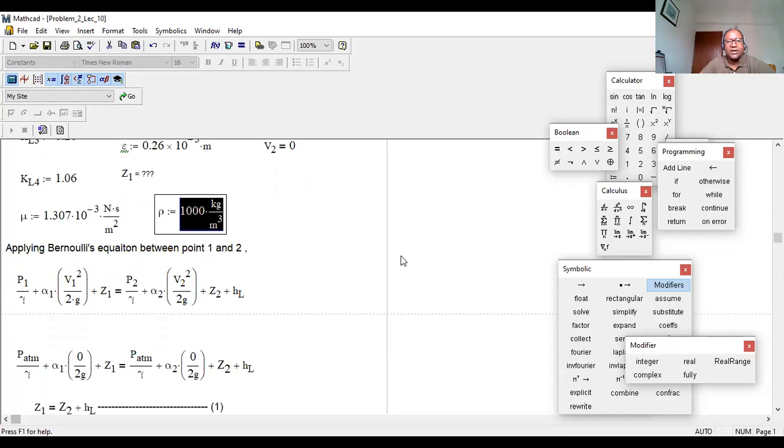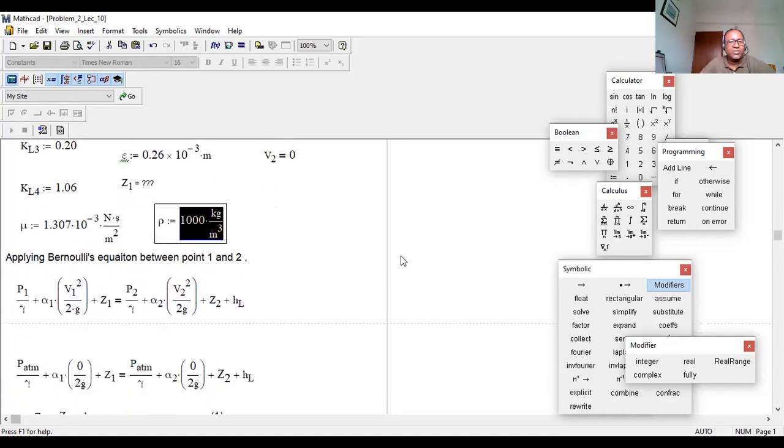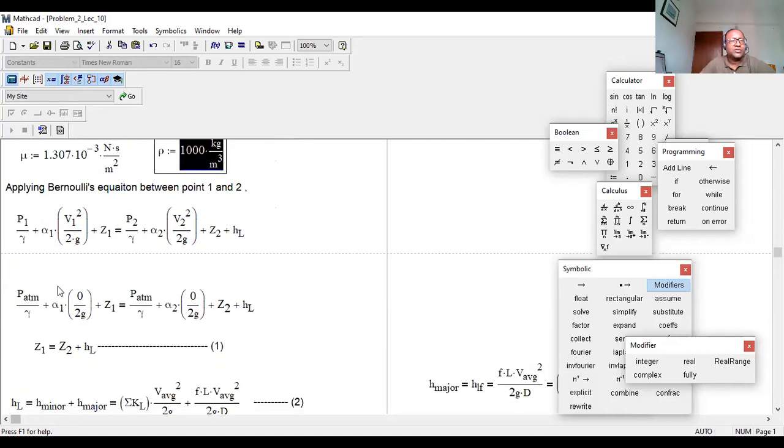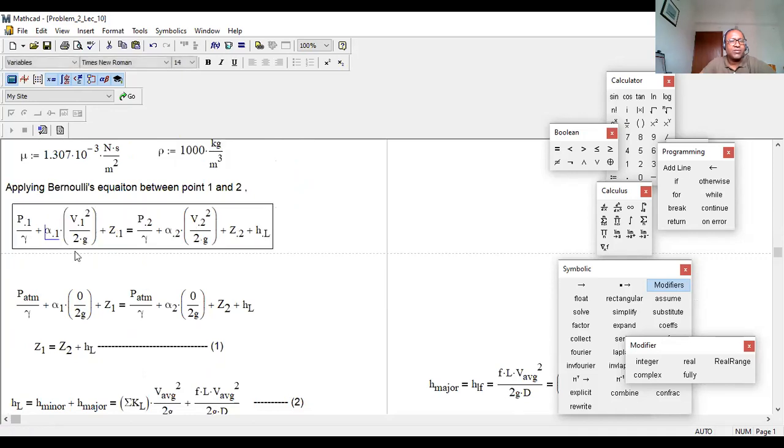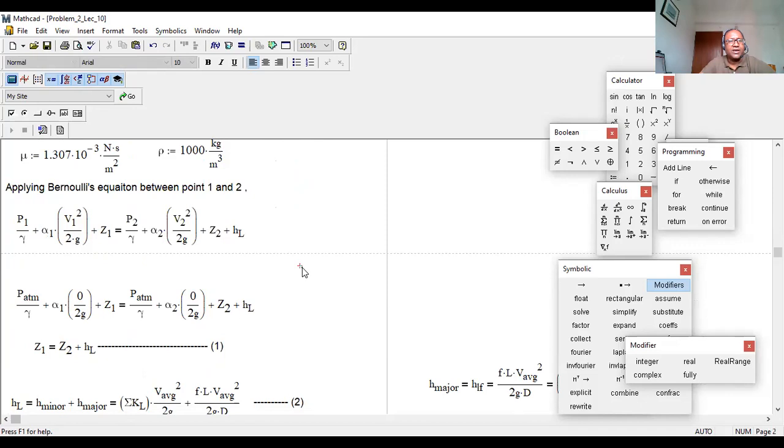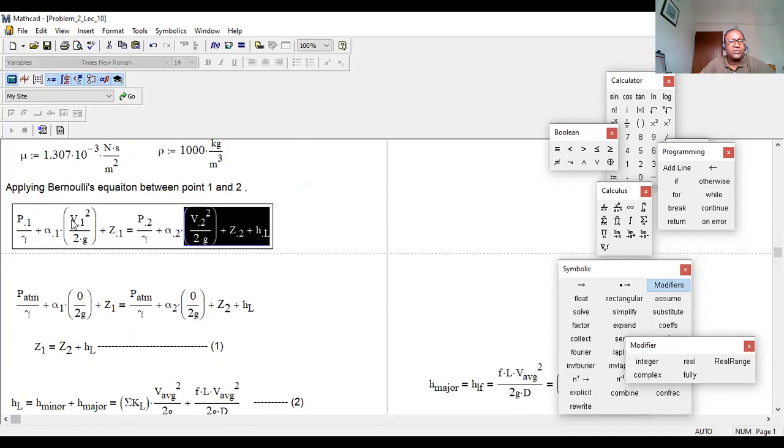Now we need to use Bernoulli's equation. So you need to use this one, alpha 1. Make sure you add alpha 1 over here, alpha 2 over here. Okay. Now you see V2 is 0, V1 is 0, P1 atmospheric pressure, P2 atmospheric pressure. So these two terms will be out.